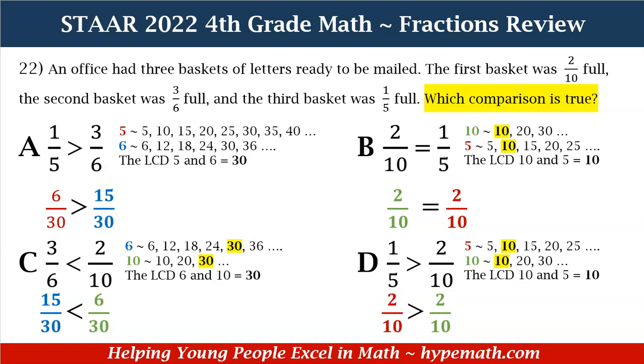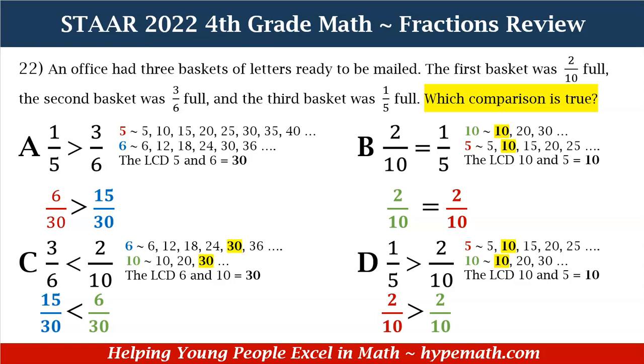So 6 over 30 is greater than 15 over 30. For B, 2/10 is equal to 2/10. For C, 15 over 30 is less than 6 over 30. And for D, 2/10 is greater than 2/10.